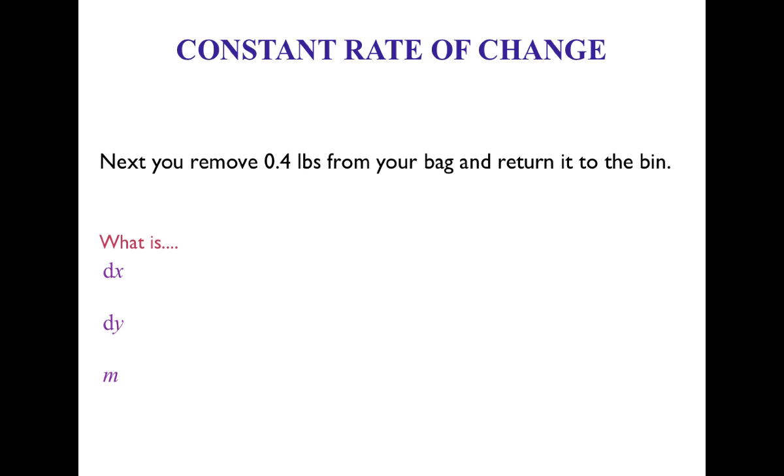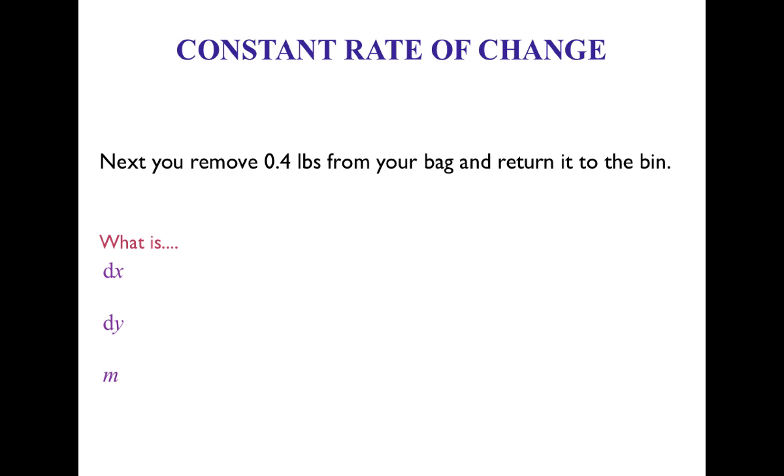Because in the original thing, we only added, we're just talking about what we're taking out, and the cost. So we're just talking about the cost.